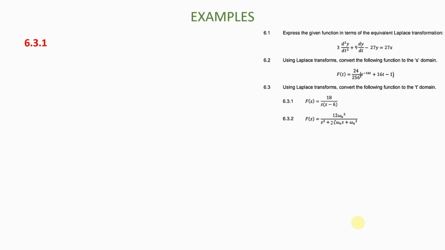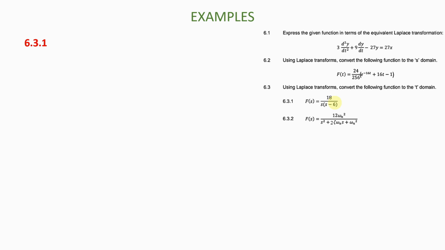Now, question 6.3.1. This time we are given a function in the S domain and we have to find the equivalent in the time domain. So we're doing the reverse exercise. But again, you don't need to struggle with maths, okay? This is control systems.